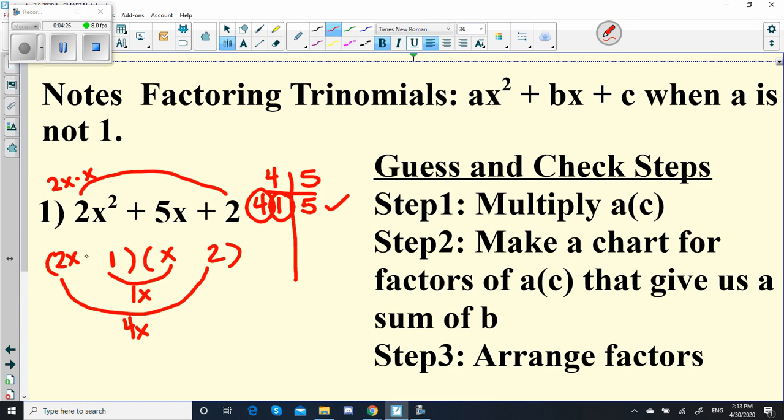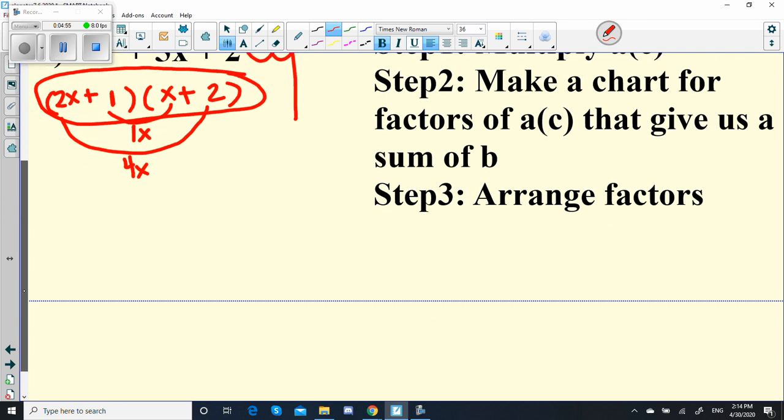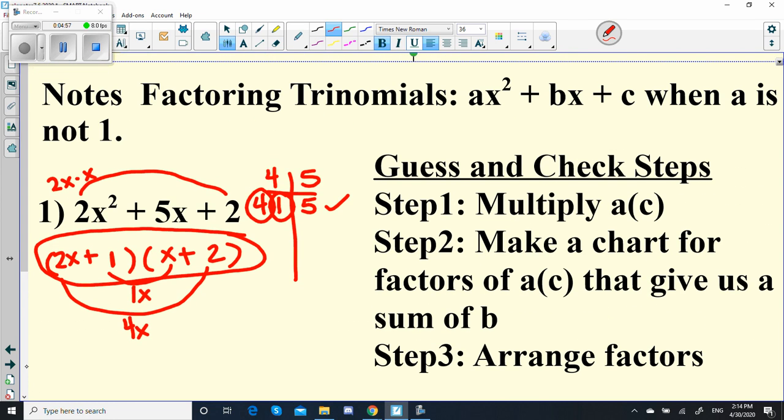And since they're both positive, this works out perfectly. So this is my factored form of that trinomial. Remember that I could FOIL it to check it if I wanted to make sure it was correct. So I could multiply 2x times x, 2x times +2, 1 times x, and 1 times 2, and then combine like terms. That would be the first thing that I could do with guess and check.